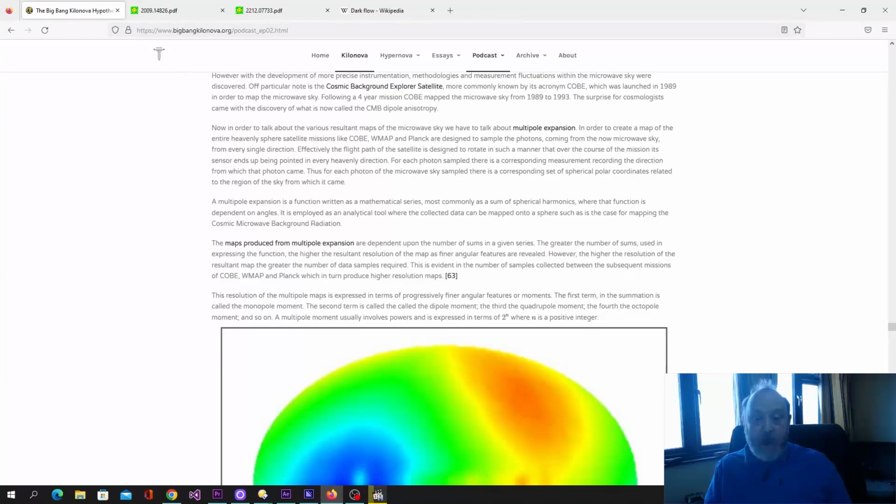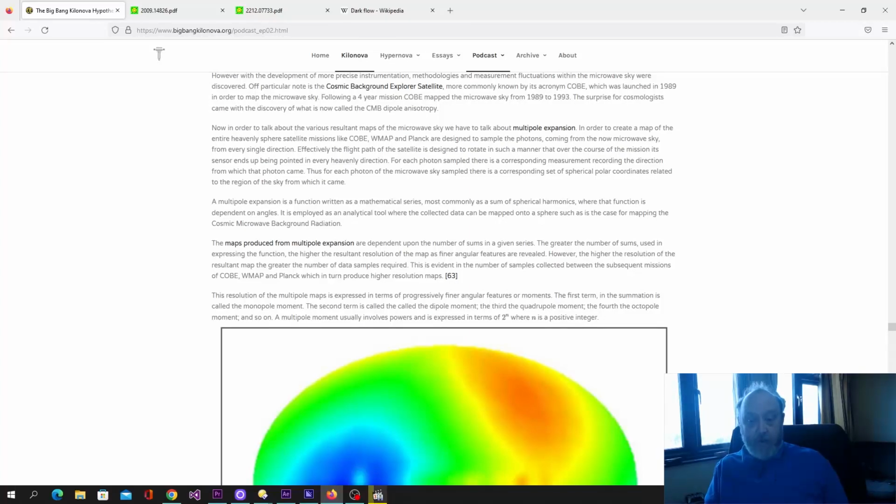However, the higher the resolution of the resultant map, the greater the number of data samples required. This is evident in the number of samples collected between the subsequent missions of COBE, WMAP, and Planck, which in turn produce higher resolution maps. The resolution of the multipole maps is expressed in terms of progressively finer angular features or moments.